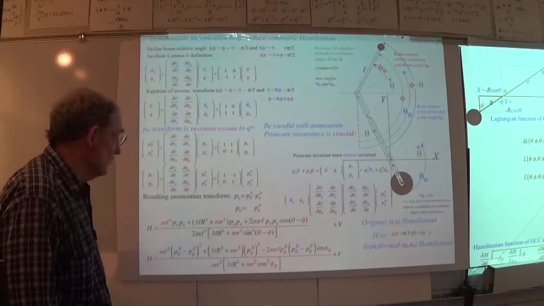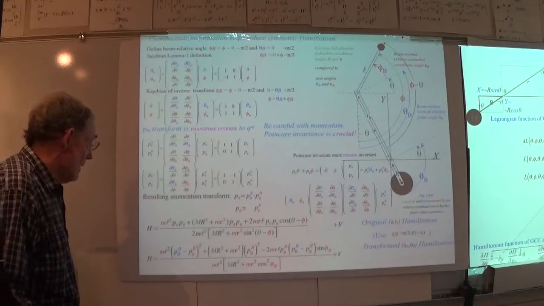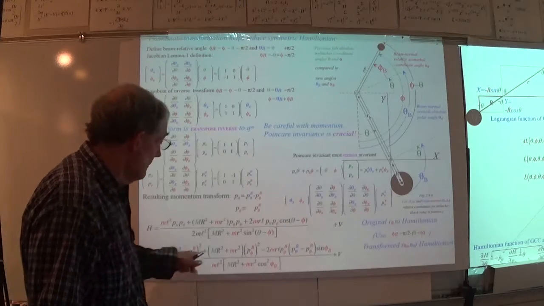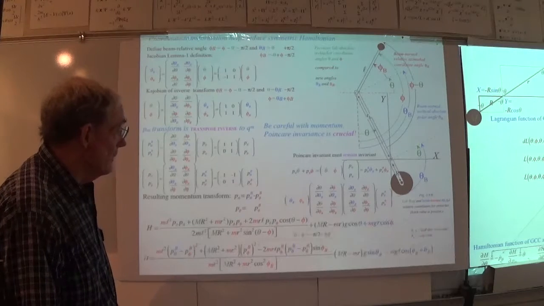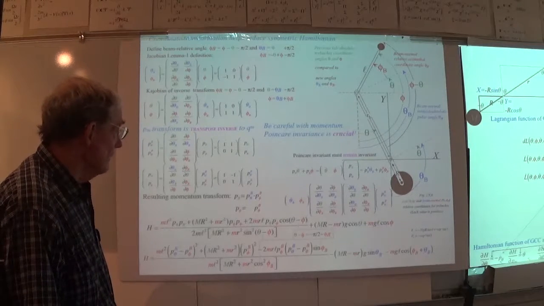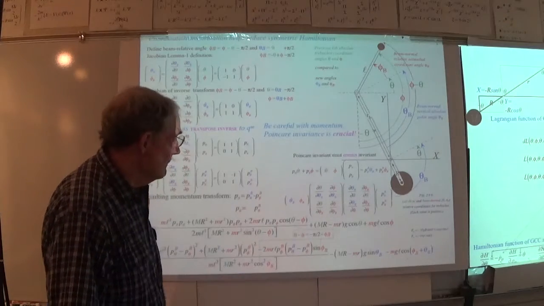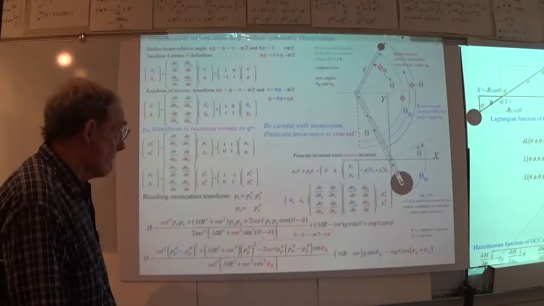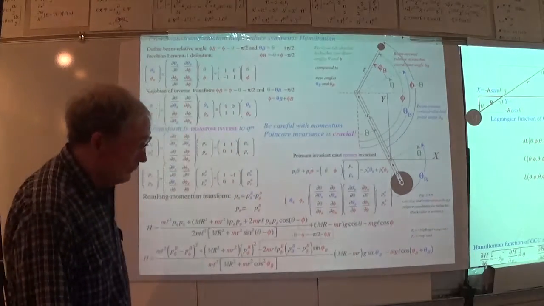Okay, we get a cosine squared from a sine squared. All right, so that's our new Hamiltonian we're going to be playing with in some detail here. This is something just to show the details of making those connections there. And then we've got the gravity, but we're going to do the physics without the gravity.